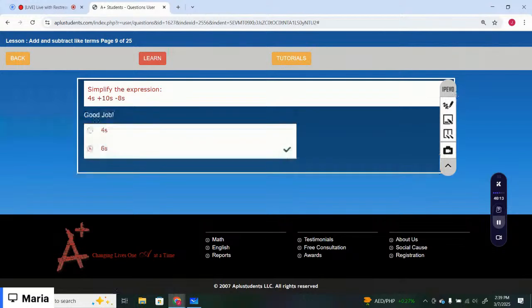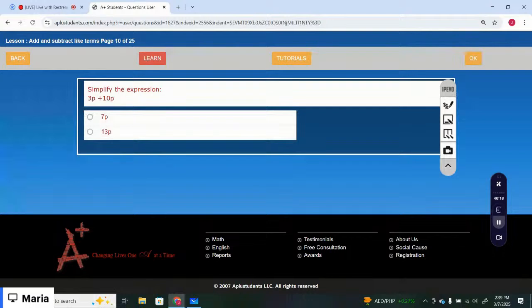That is 6s. Option number 2 is the correct option. 3p plus 10p equals 13p.